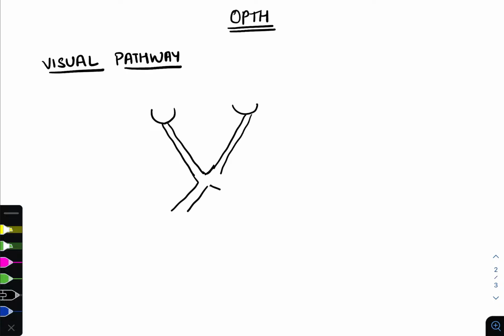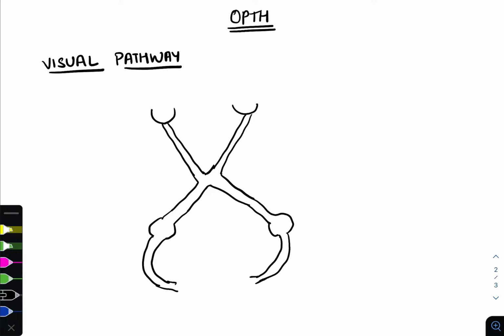After that there is the optic tract, then the lateral geniculate bodies, then the optic radiations. Same structure on this side: the geniculate bodies, optic radiations, and in the end the occipital visual cortex area, which is located in the occipital lobe.